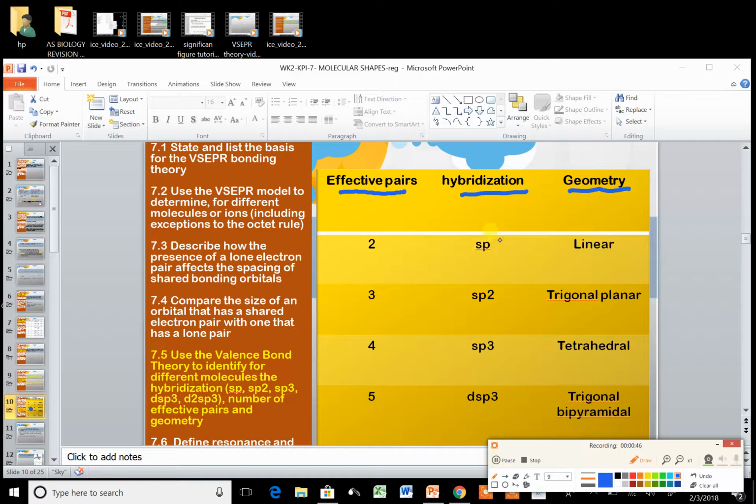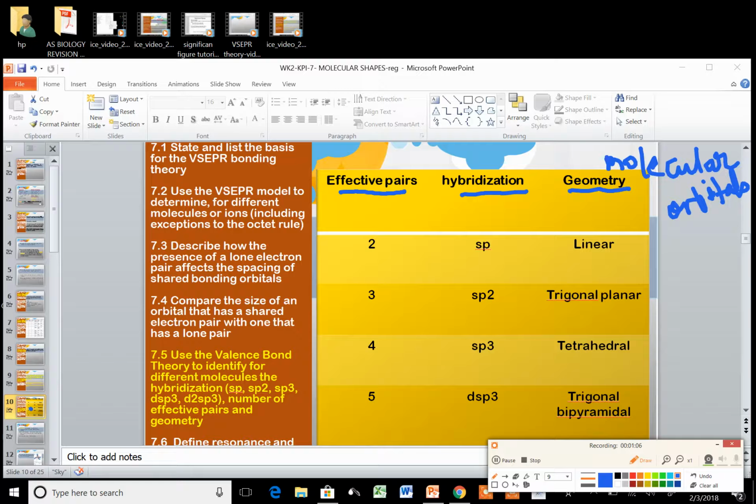What is hybridization? In order for atoms to react together, it was found that the orbitals of atoms sometimes get mixed together to form new orbitals. We call them molecular orbitals.